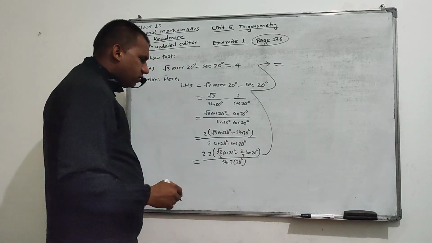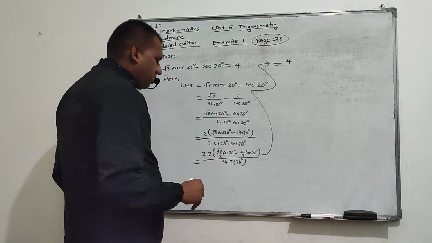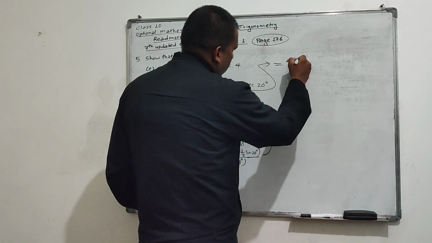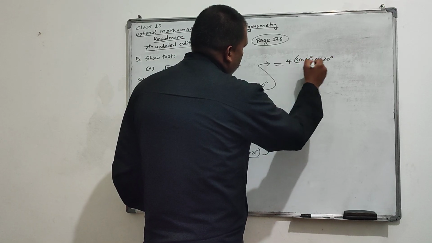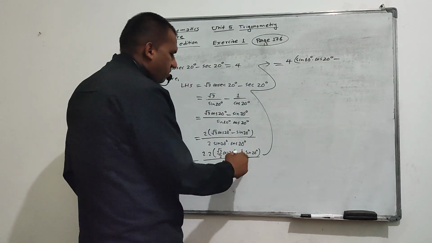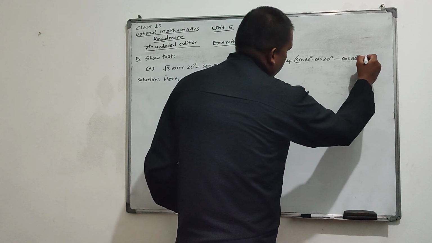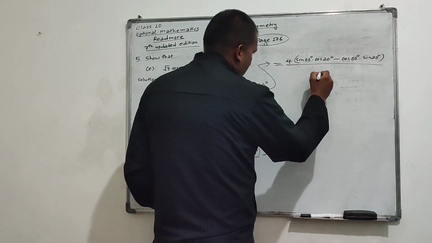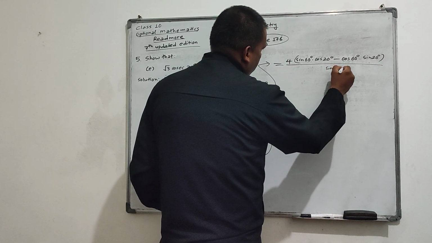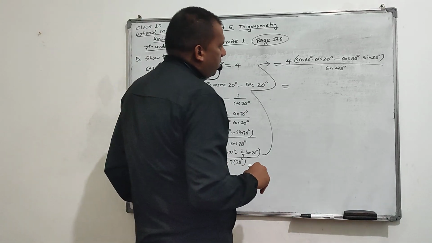Now this is equal to 2 to the 4, root 3 by 2, that is sin 60, cos 20 minus 1 by 2, that is cos 60, sin 20, whole upon sin 2 into 20, sin 40.